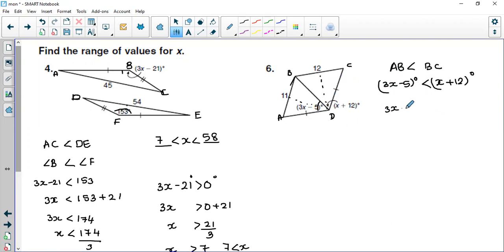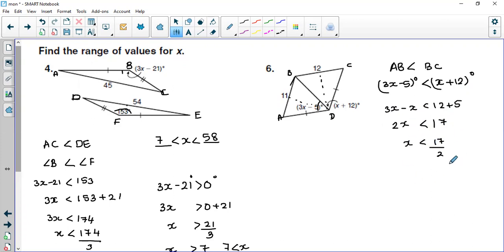Keep all the x's on one side and move all the numbers to the other side. So that would become something like this. So the solving is going to be 3x minus 1x is 2x, is less than 17. x is less than 17 over 2.